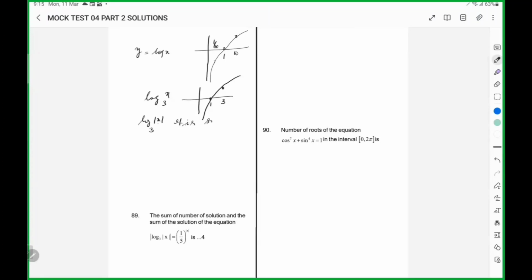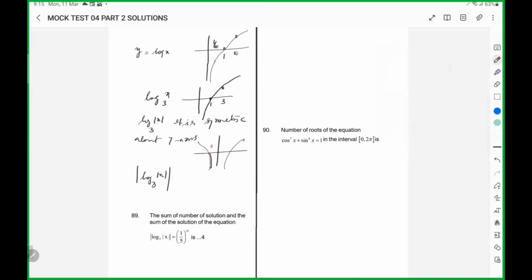Since if you replace x with minus x, there is no change. So it is symmetric about y-axis. So the graph comes like this. Once you put modulus, this negative part is there.